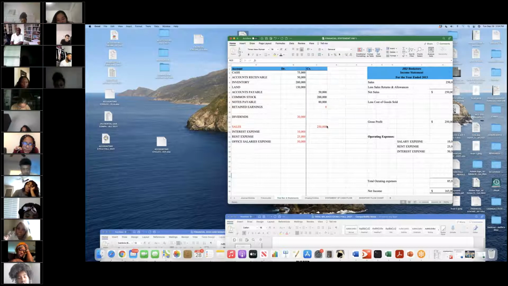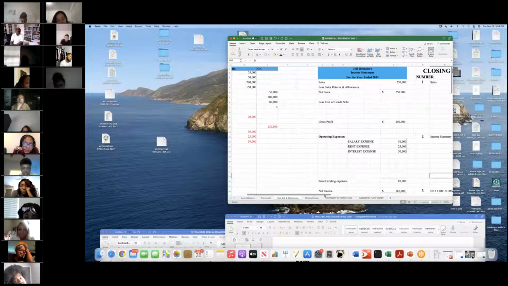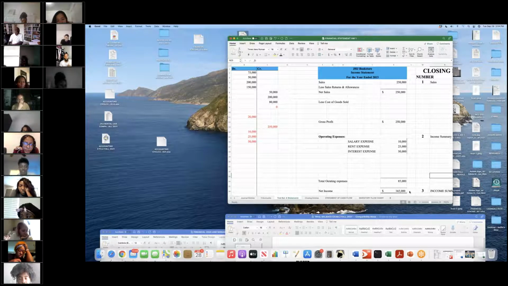The revenue goes at the top. We subtract the expenses. We have an income statement. That's all we did. We put 250 at the top. We subtracted those three expenses, 85,000. Net income was 165. So don't make that hard. Just say, okay, I can do that.